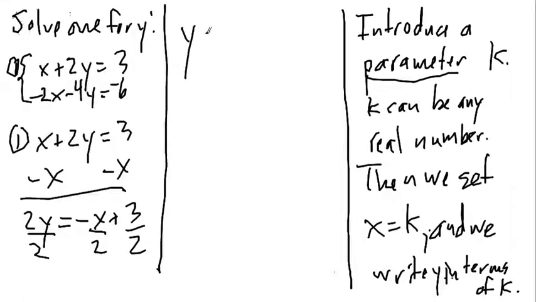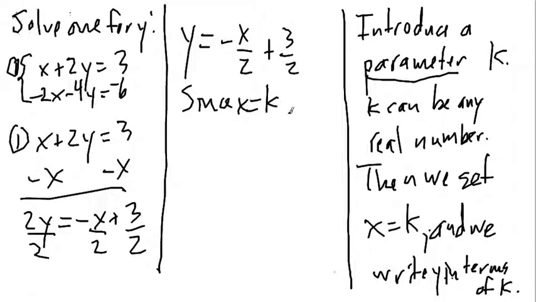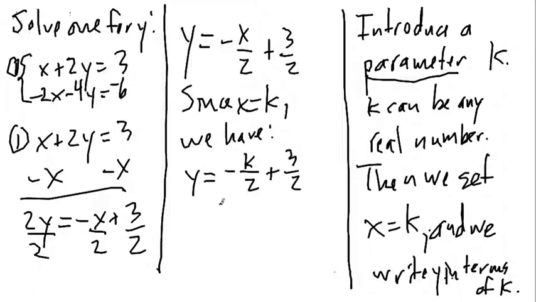And that leaves me with y is equal to negative x over 2 plus 3 over 2. But since x is equal to k, we have that y is equal to negative k over 2 plus 3 over 2.